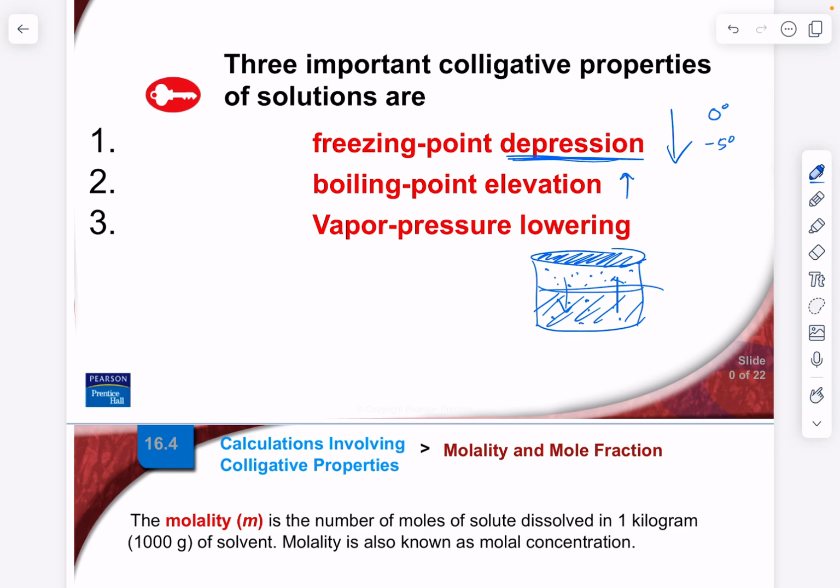When you reach an equilibrium, you can then measure the vapor pressure of the vapor that's in this closed container.